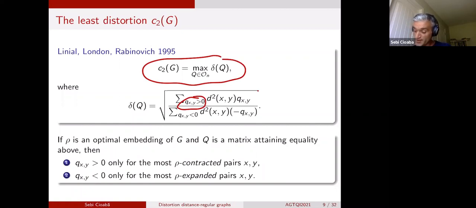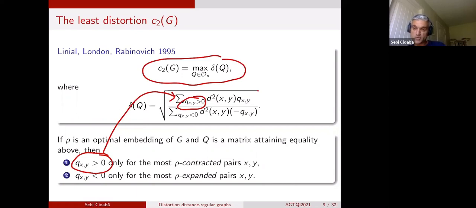So they prove that where Q of xy is positive, the terms in this summation correspond only to those pairs xy that are the most contracted. So those pairs xy which attain equality for the contraction of rho.